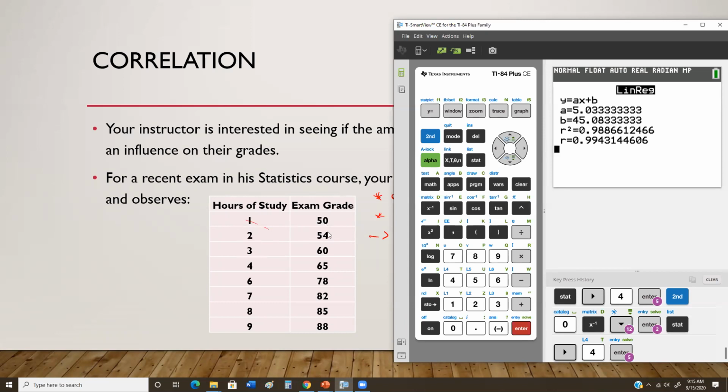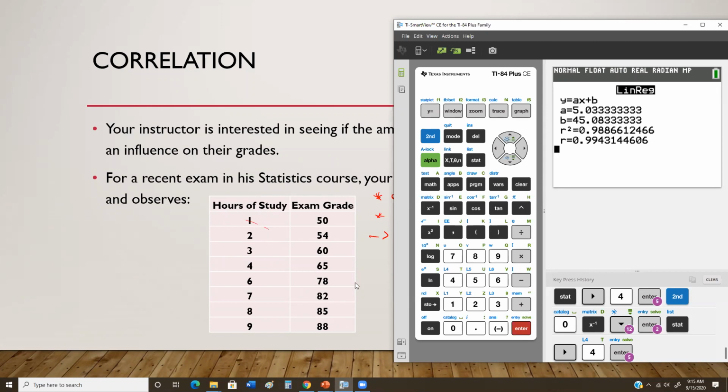Well, their grade difference was 4 points, okay? What that means is 98, almost 99% of that difference, that change of 4, can be explained by the 1 change in hour. That means there's like another 1% that can't be explained. Something else is causing that change, but it's really high.